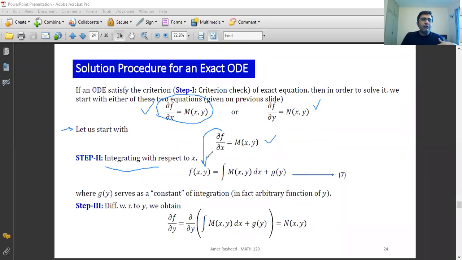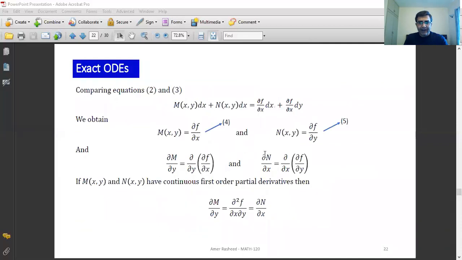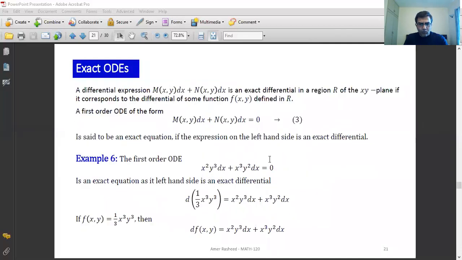In order to solve the exact differential equation, what is our purpose? Our purpose is to find the function f, as we had discussed in the previous slides, on slide one, this one.